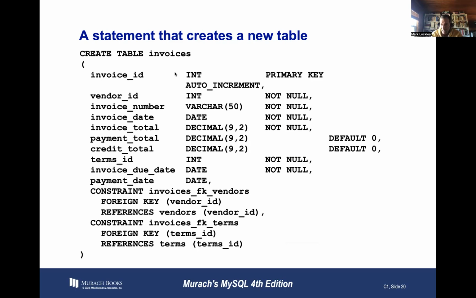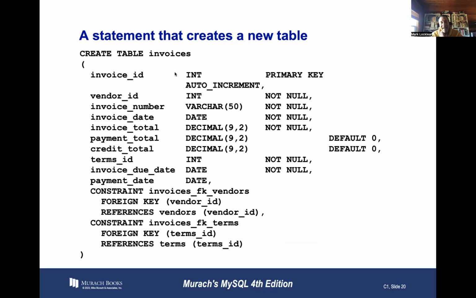In this case, the data type is going to be an int, so it's going to be a number. It's going to be a primary key. Each table generally only has a single column that's a primary key, but it can also be a combined primary key, so it could be two columns. Generally, it's just one. In this case, it's just one.